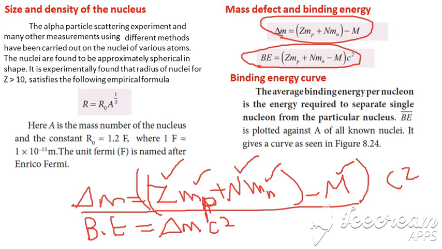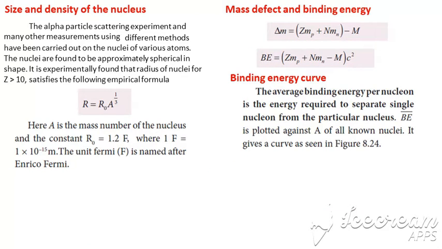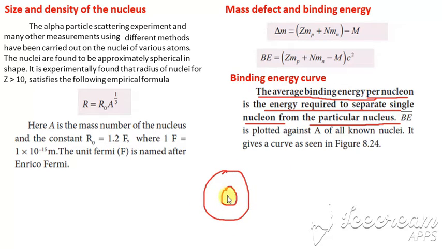Okay, next we are going to find the binding energy curve. The average binding energy per nucleon is the energy required to separate a single nucleon from a particular nucleus. So the proton and neutron combined here, what is that called? Nucleon. So how much energy is given to separate a single nucleon from a particular nucleus?